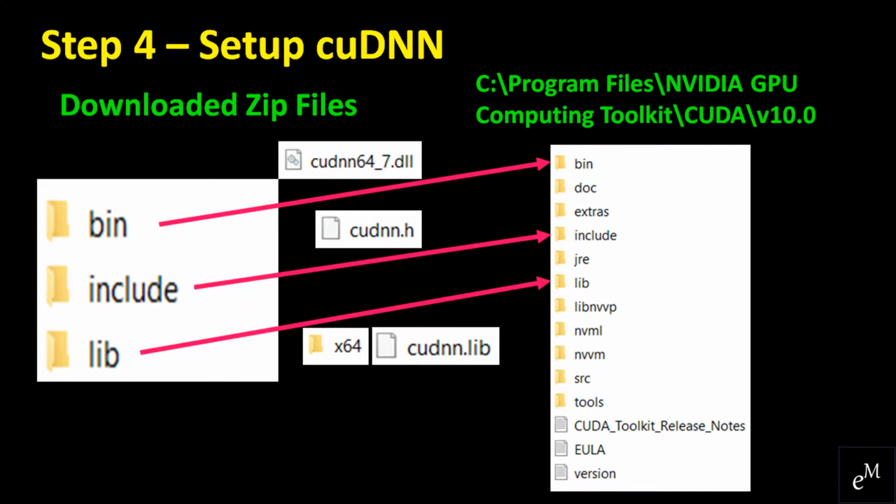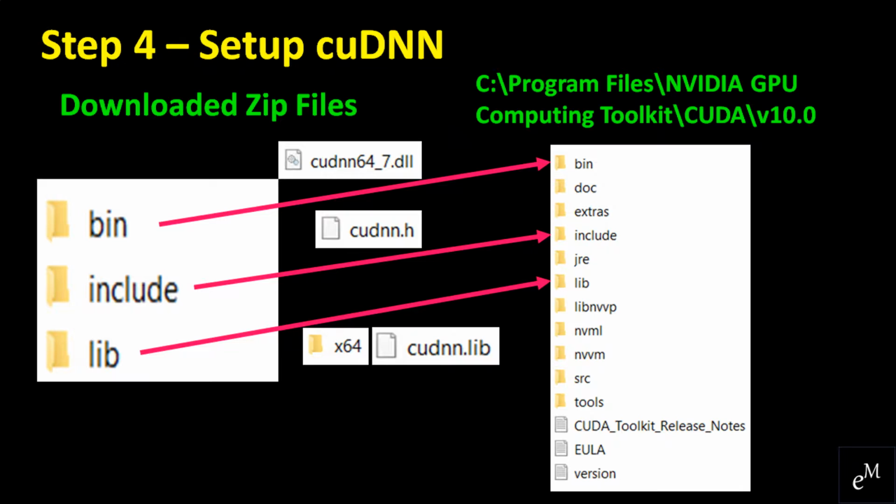Once you download the zip file, you should find 3 folders in it. Now you need to go to the CUDA directory: open Program Files, open NVIDIA GPU Computing Toolkit, open CUDA, and open version 10.